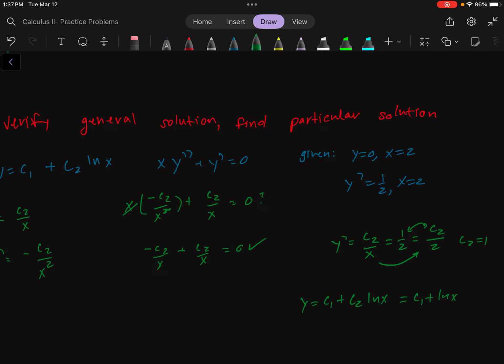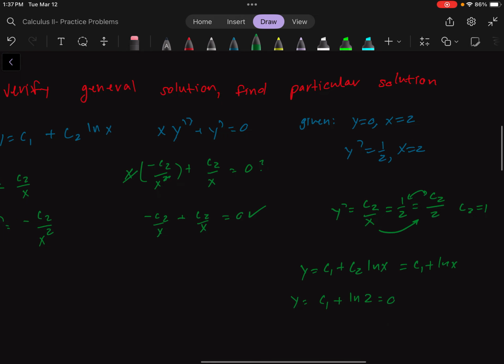It's equal to 0 when x equals 2. So y is equal to c1 plus ln 2. And that's equal to 0. Does that tell you what c1 is? Yes, c1, you just subtract the ln 2 from both sides.